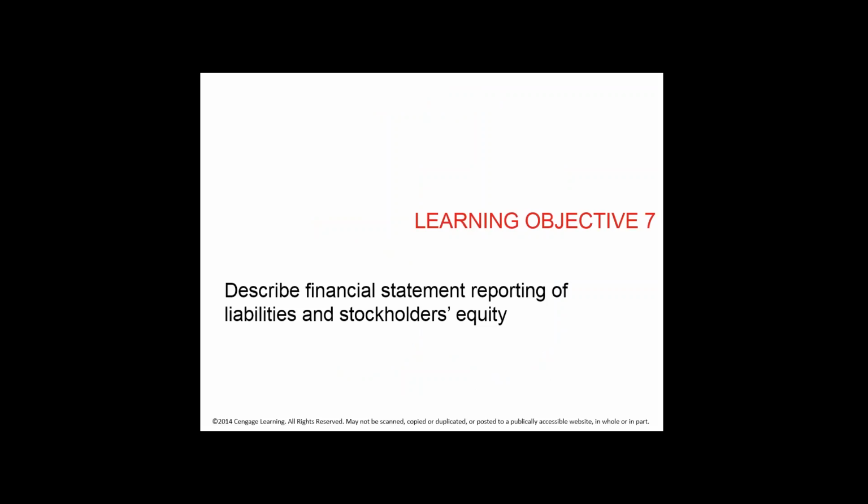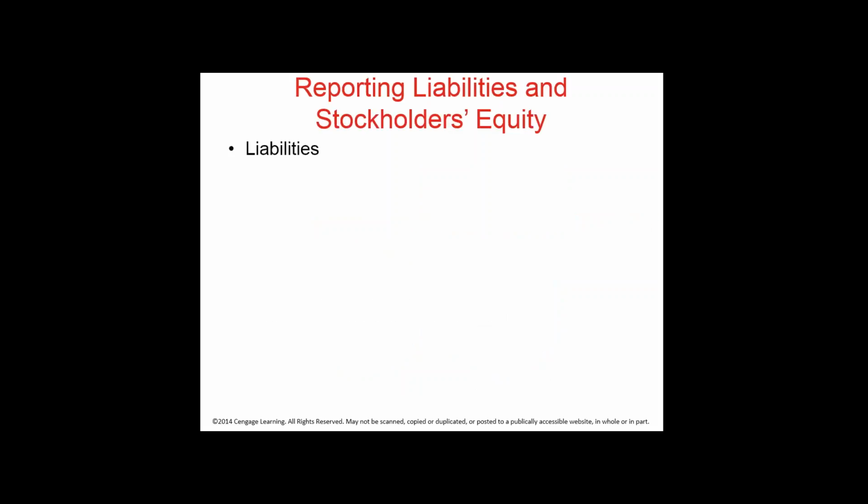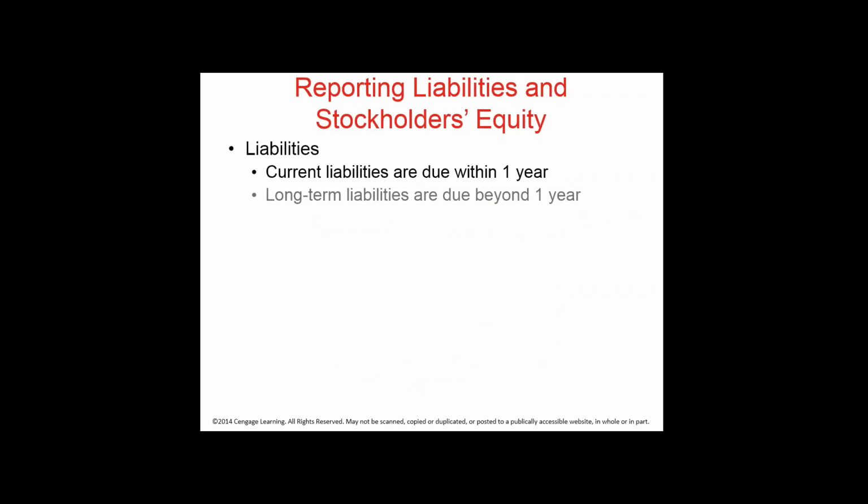So let's look at financial statements with equity section. We've talked about the liabilities, and that current liabilities are due within 1 year. We've talked about long-term liabilities due more than 12 months from now.